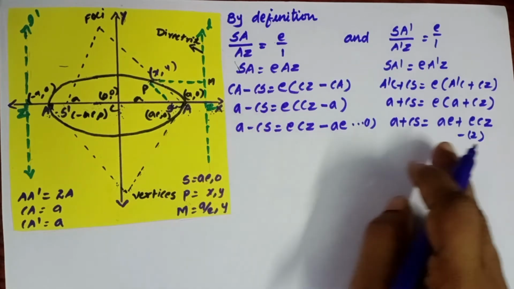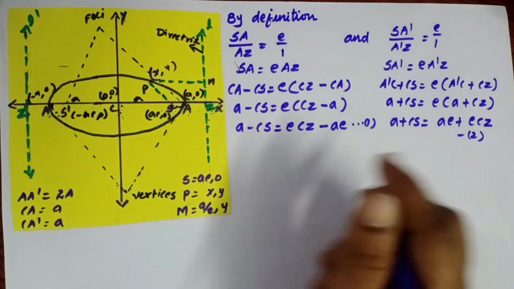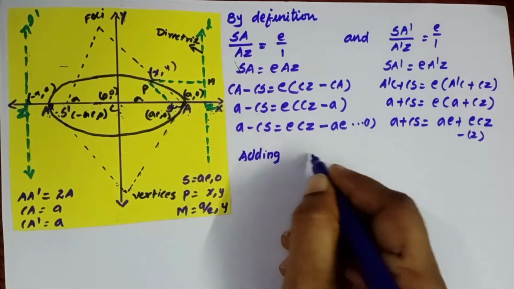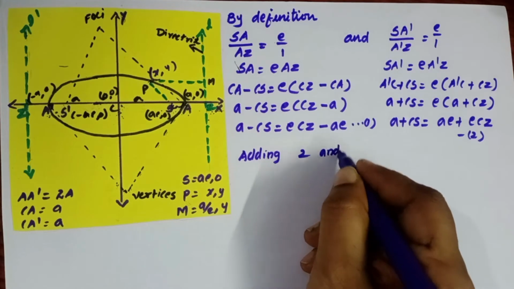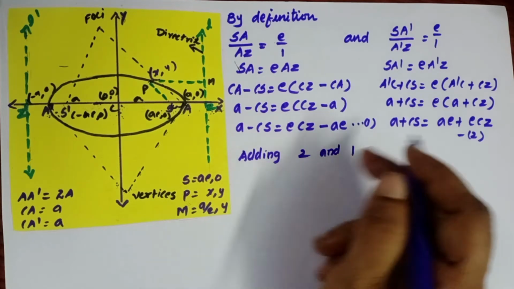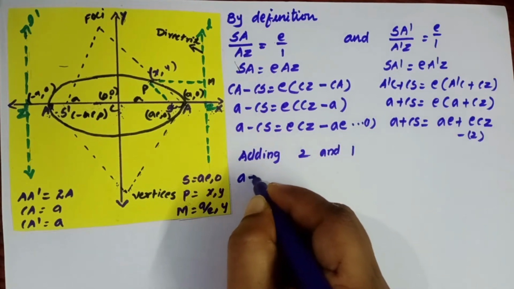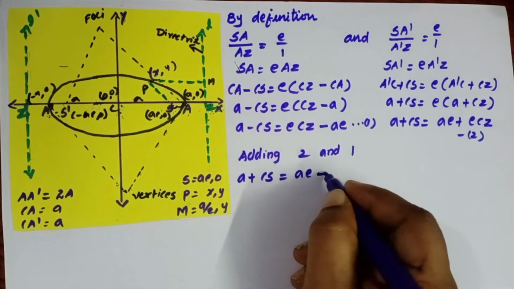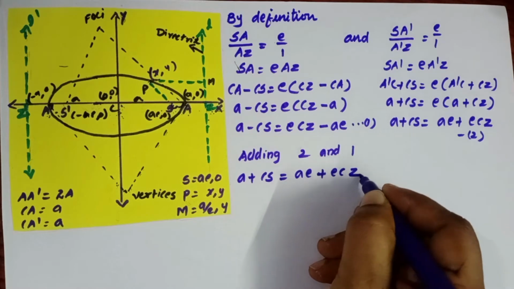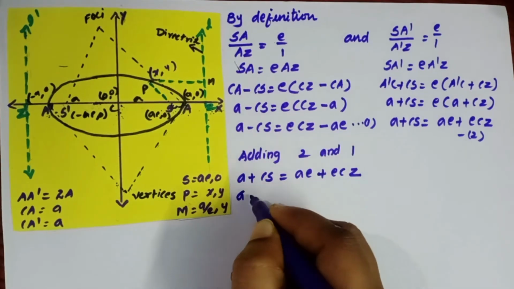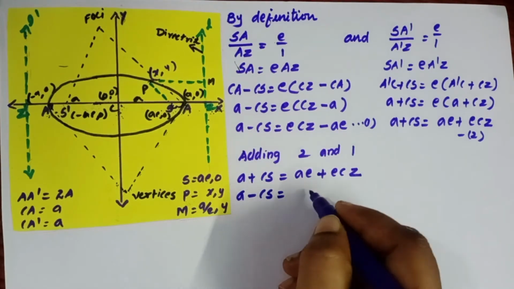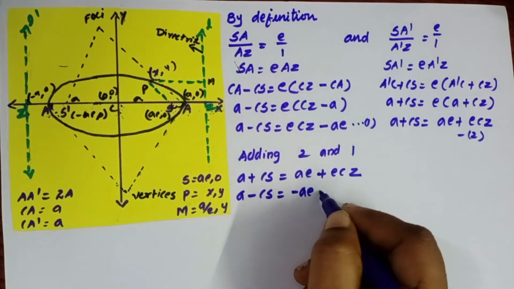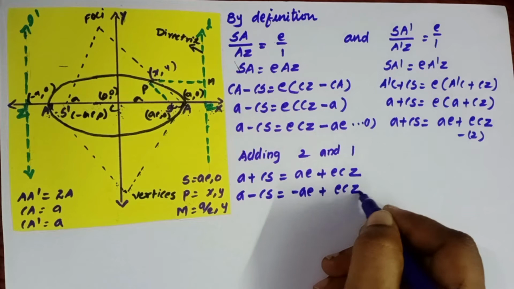So now you have to add these two equations. Adding 2 and 1, the second equation is A plus CS equal to AE plus ECZ. First equation is A minus CS equal to minus AE plus ECZ.